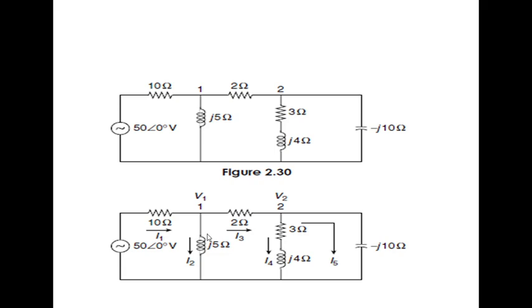Don't see this figure, this is another method they have solved. Just see this figure where it is written, consider this one source, so consider plus minus, so it is very easy. This is a capacitor, don't take it as a source. This is minus j10 and you have to write minus, don't forget this. 10 ohm, j5 ohm, 2 ohm, j3 ohm, j4 ohm.